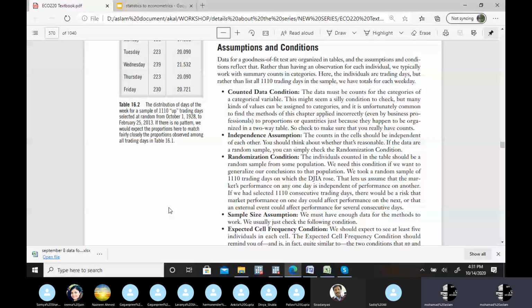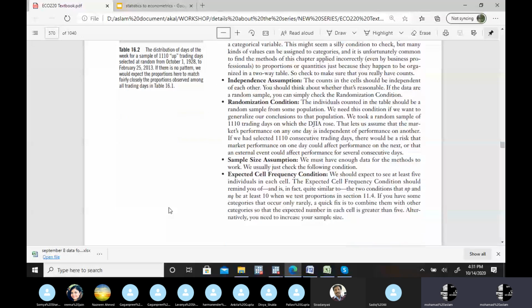Sample size needs to be proper, and the expected cell frequency, we already said, right, that if more than 20% of cells have expected frequencies less than 5, then you can't apply this chi-square test. So these few things you have to keep in mind while you apply this chi-square test.